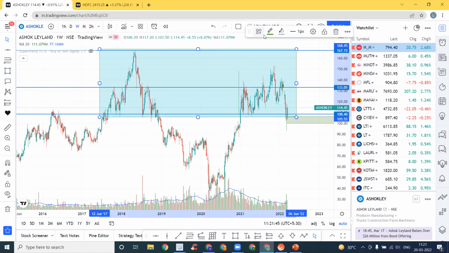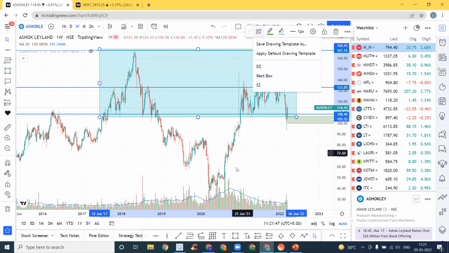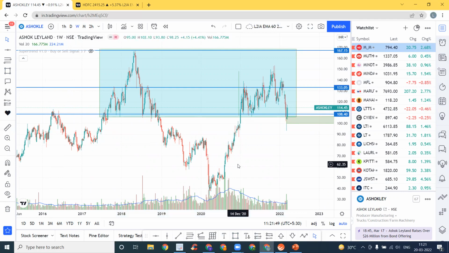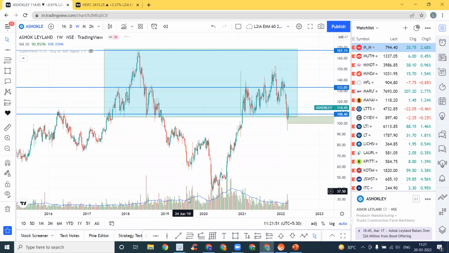The box template. I have once again created the template. Maybe I deleted it while going through this.